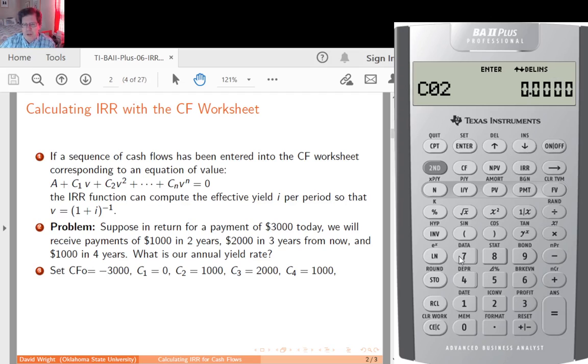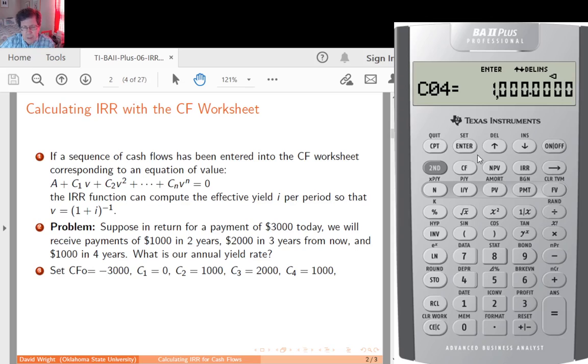And then the first cash flow comes in 2 years. That's 1,000. We enter that, and the next cash flow comes after. It's only one time, so we go to C3, and that is 2,000. Enter, and the last cash flow is 1,000, and that is at C4. Enter, and so that's our cash flow in there.